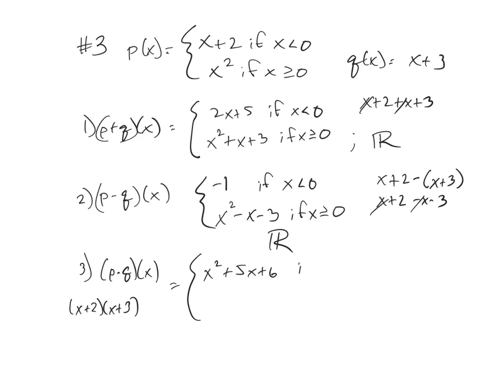This still doesn't change. And to multiply x squared times x plus 3, you would just distribute and get x to the third plus 3x squared. And again, this part doesn't change. The domain here, no fractions, no radicals, so the domain for the entire function is just that.